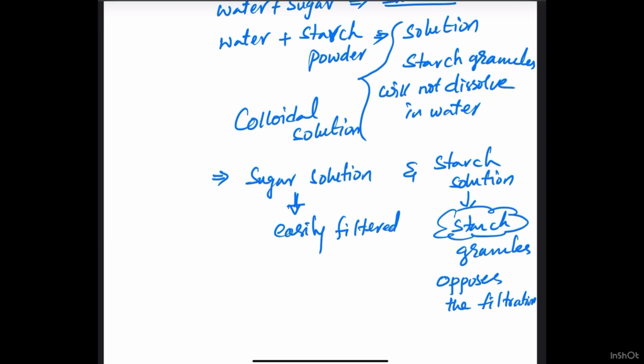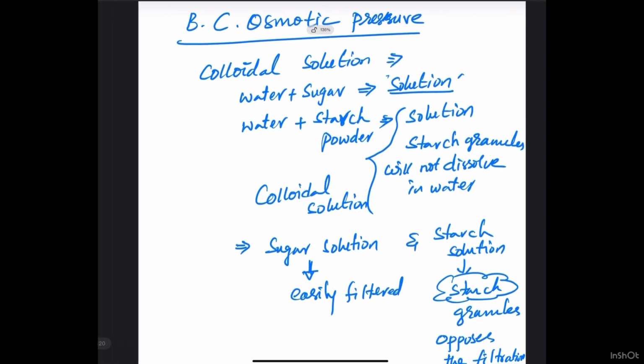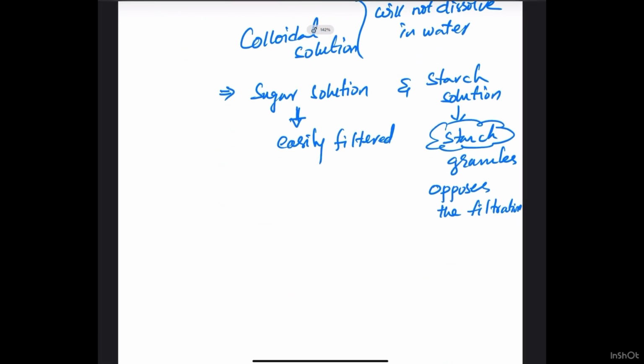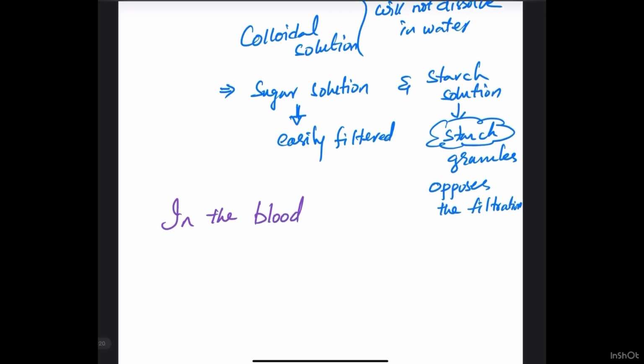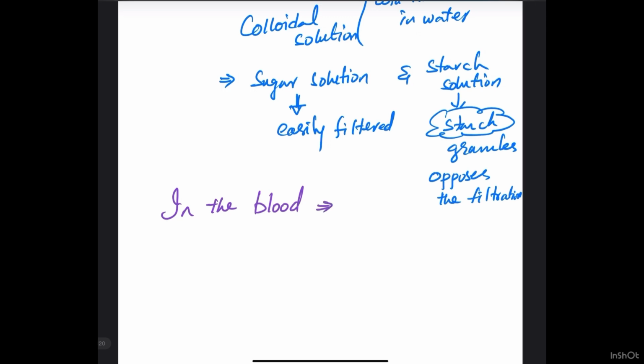The same story applies to the blood. In the blood, the serum proteins, especially albumin, the most abundant serum protein in the blood, are present.